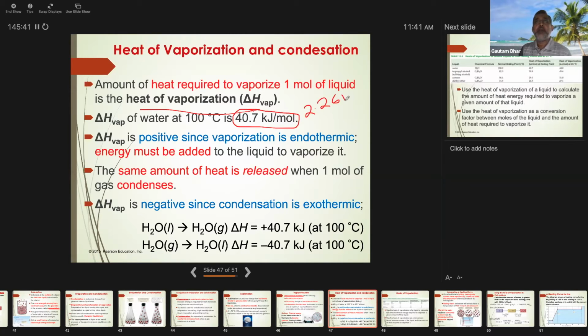Since we are not using moles at this point, because we don't know moles, we'll be using this 2.26 kilojoules per gram. Per mole, it is 40.7 kilojoules, because one mole is 18.02 grams.